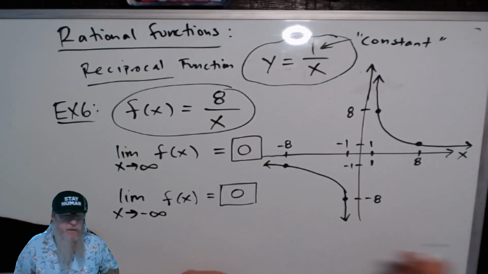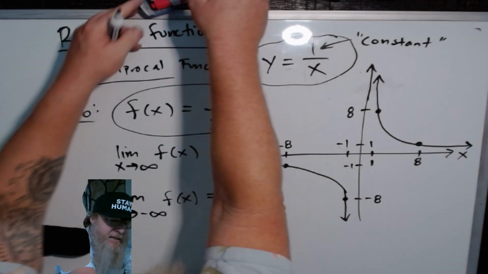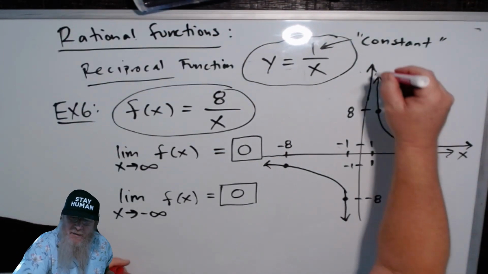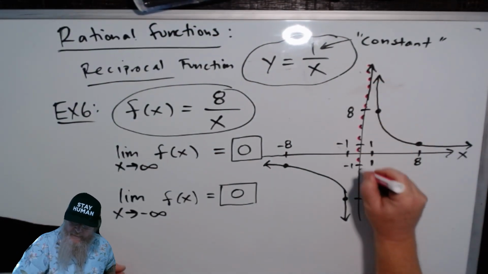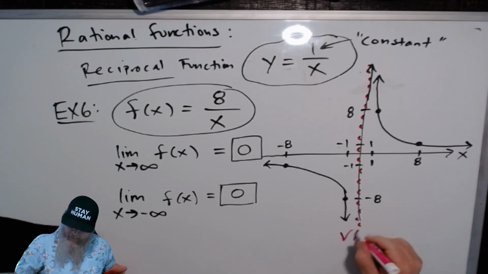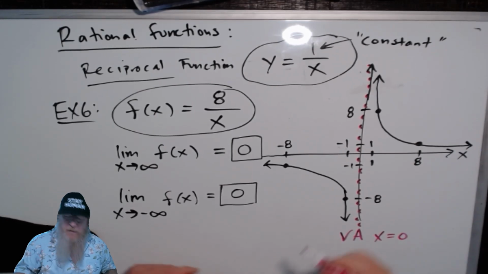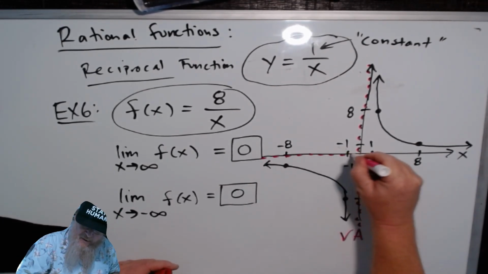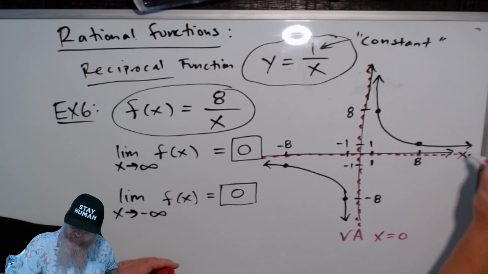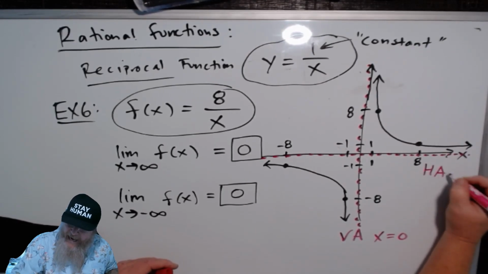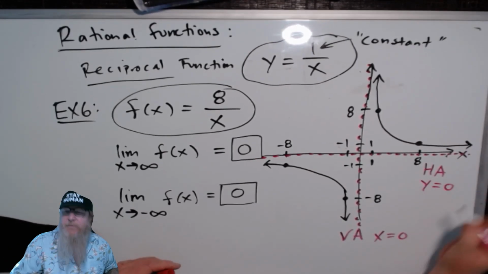All right. So this graph has asymptotes. The vertical asymptote, x equals 0, and then it has a horizontal asymptote. We'll call that an HA of y equals 0.